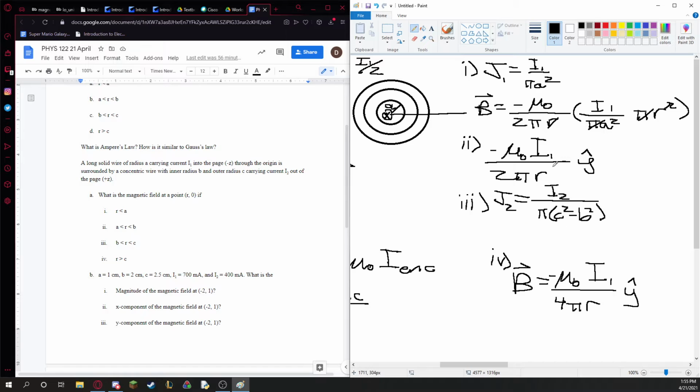And then we have our total current, which is I2. We know that it's going to be running in the opposite direction of our I1, and I2 is going to be half of I1.